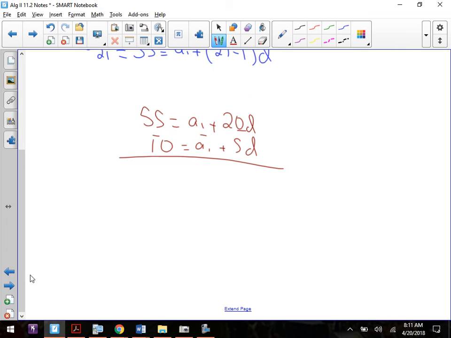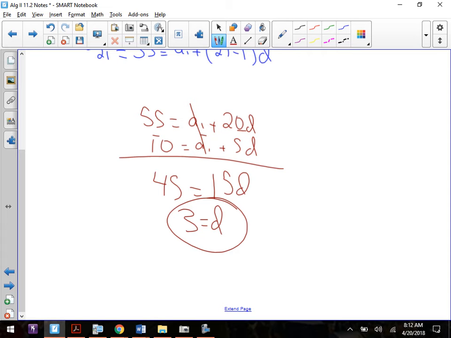Line it back up there. So what's 55 minus 10? The A's go away, and then we have 15. So what's your common difference? You now have your common difference, and you now also have the answer.